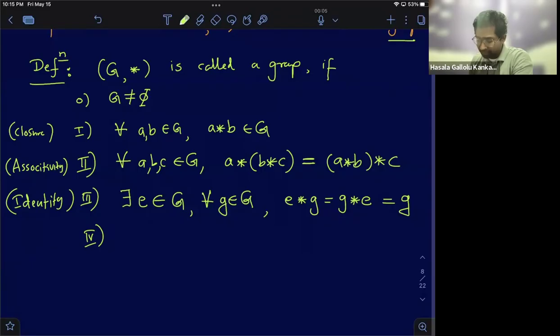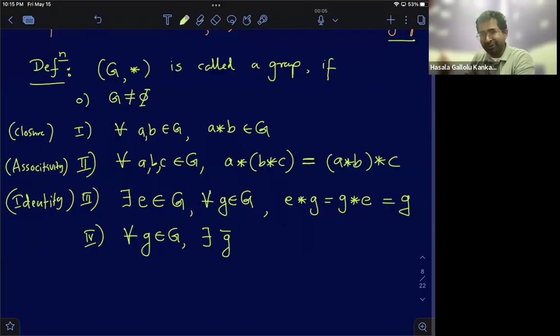So in the fourth property, this is what you're going to say. For every G belonging to this collection G, I'm using G, but you can use A, B, anything you prefer, right? So for any given element G, there exists an element depending on the choice of G. I will name it G bar because it's a different element, but it's depending on G also.